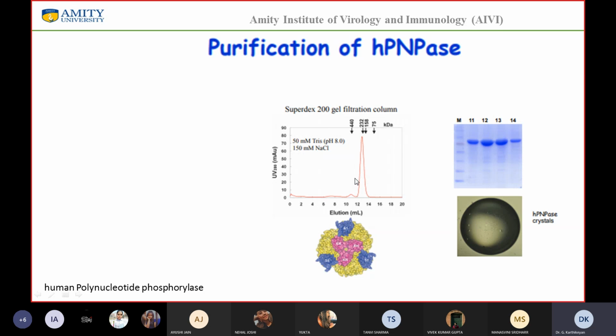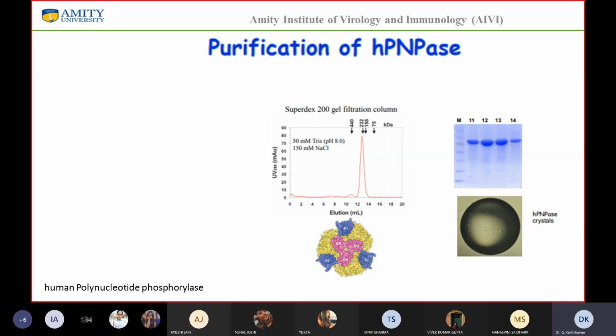And you can see that this protein is essentially in a purified form, and then they have been able to crystallize this. You may not be able to see it, but you can see a few crystals here, and then this crystal structure was also solved by X-ray diffraction.